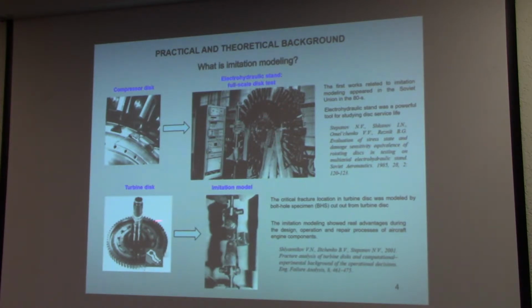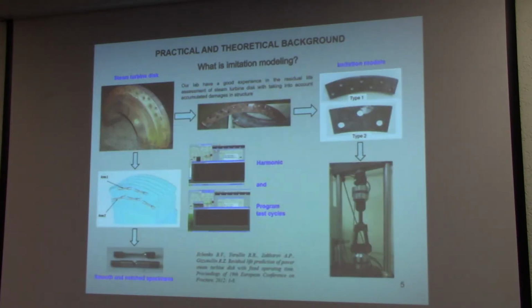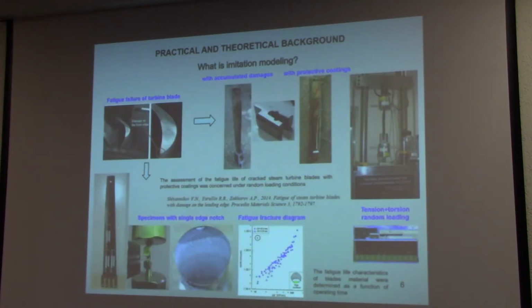The critical fracture locations in the turbine disc were modeled by whole specimens, which were cut out from the turbine disc. Our lab has good experience in the residual life assessment of turbine discs and turbine blades, taking into account accumulated damage in service.